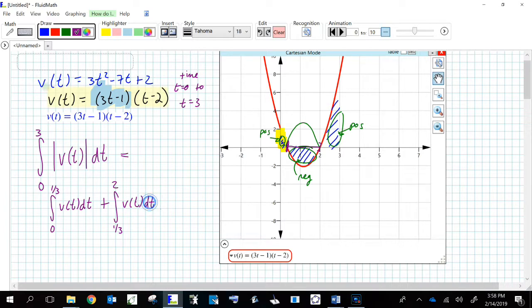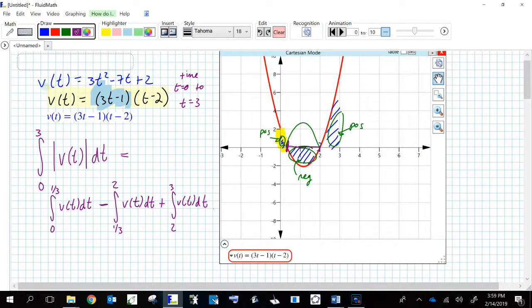Now when I calculate the integral from 1/3 to 2 of v of t dt, the one I just wrote down, that's going to be a negative value. So I want to make sure that I consider the fact that it's going to become positive. I want it to become a positive number. So if I put a negative in the front of it, a negative times a negative will result in a positive number. And then I'm going to add the last integral, which is from 2 to 3 of v of t dt.